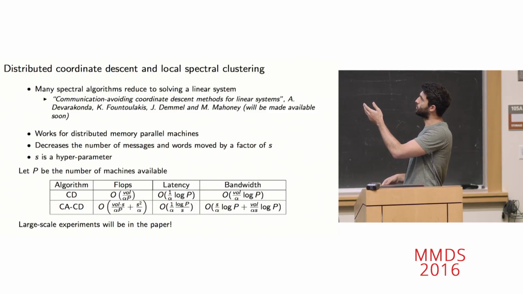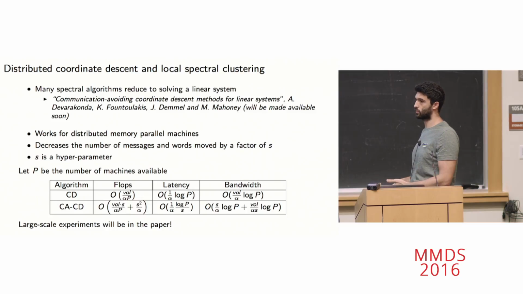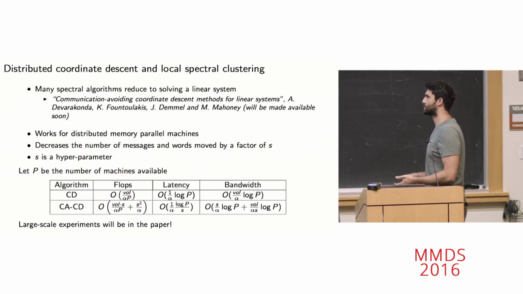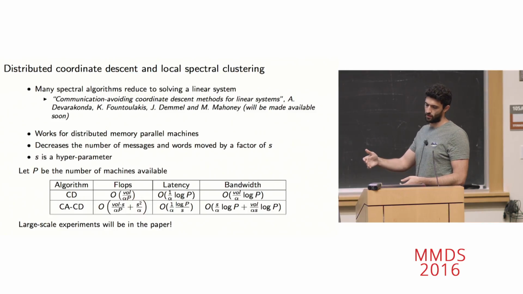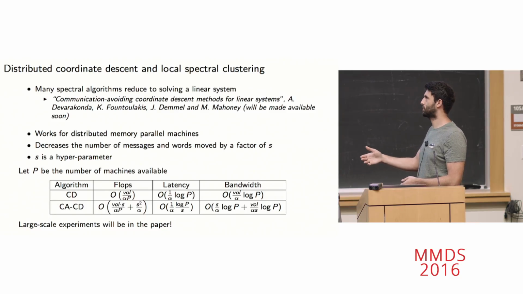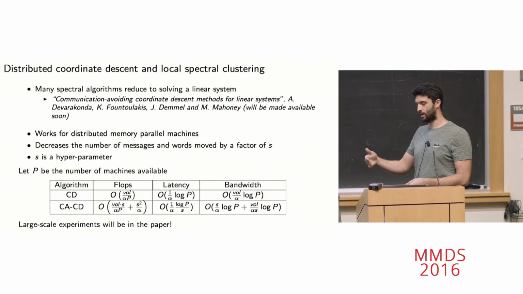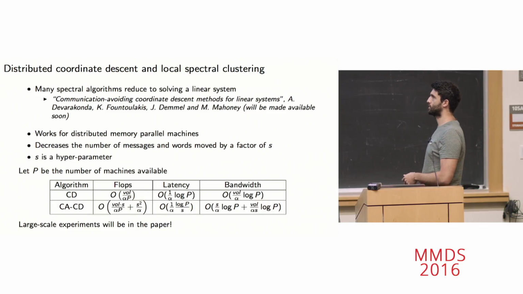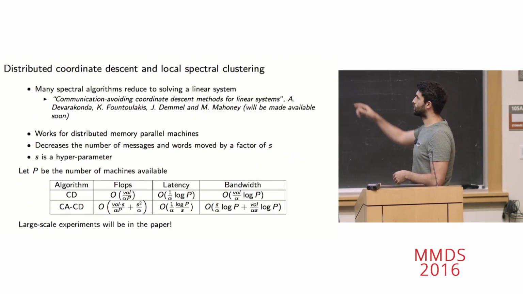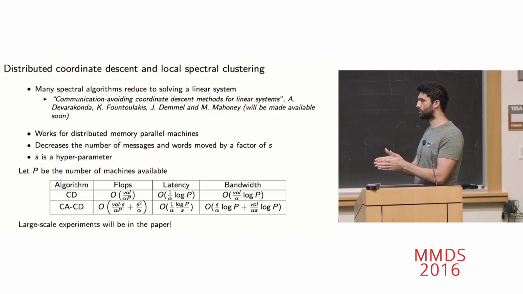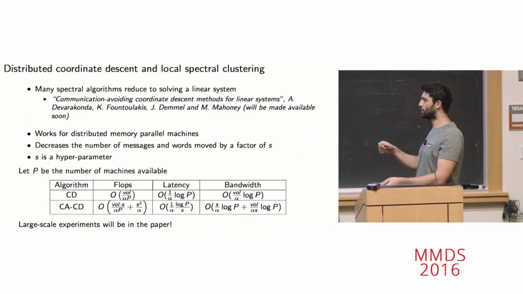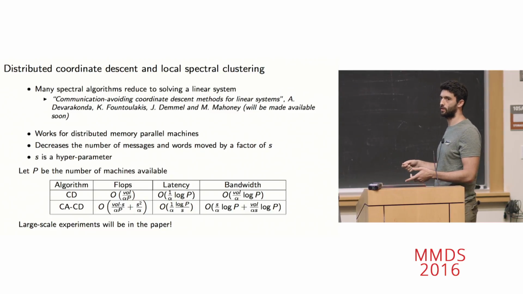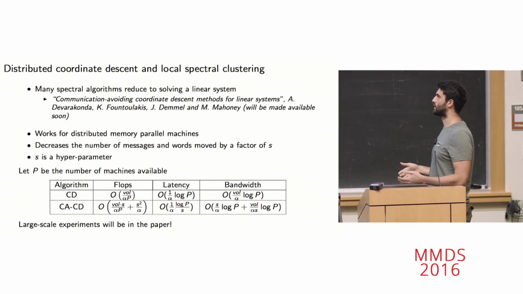What we can show is that we decrease the number of messages and words that are moved by a factor of S. And actually, this is the first time, to the best of my knowledge, that we can prove that in an absolute sense we decrease the amount of communication that happens in this coordinate descent algorithm. So what we did is we took the algorithm, we unrolled the loop, and we reorganized the computations in a different way such that we communicate less.